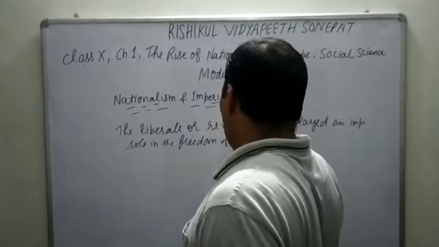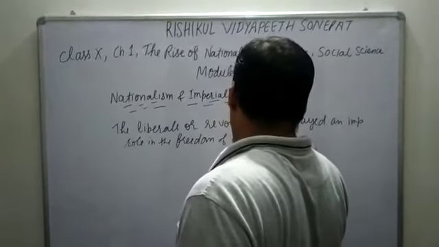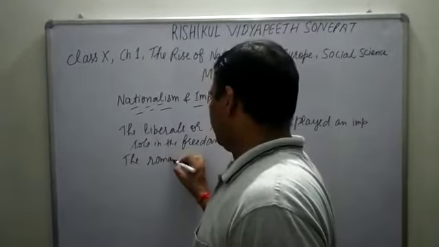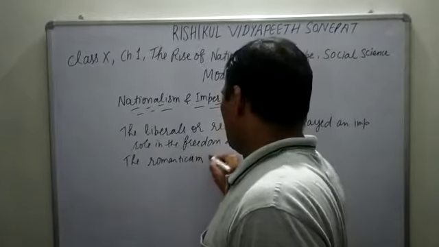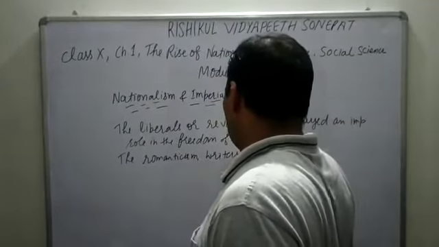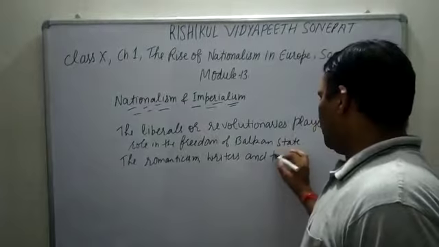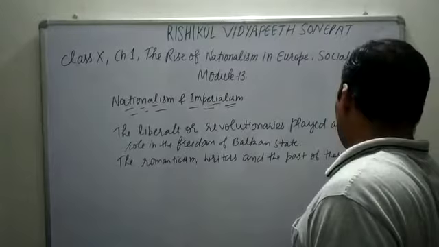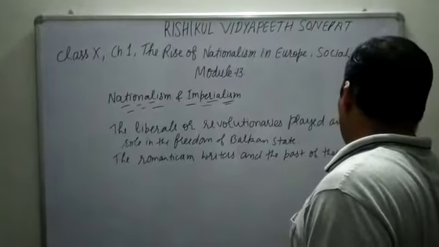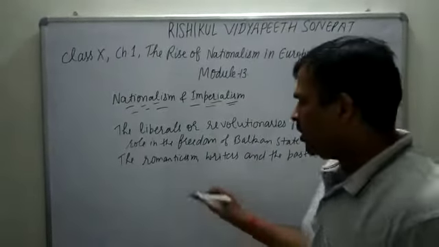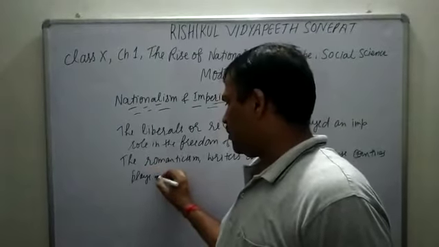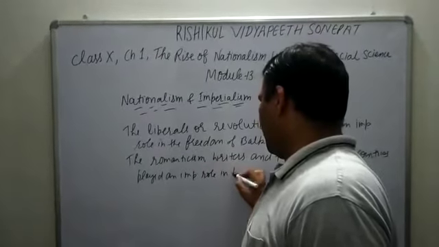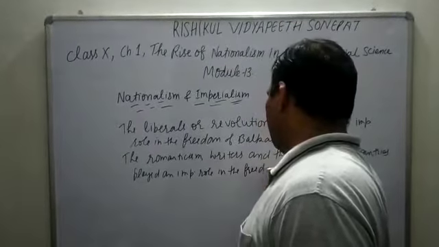In the freedom of the Balkan states, the Romanticism writers and the past of these countries played an important role in the freedom. What happened?